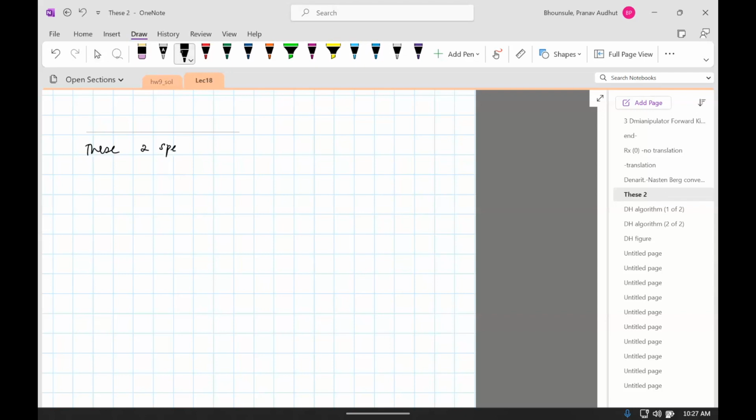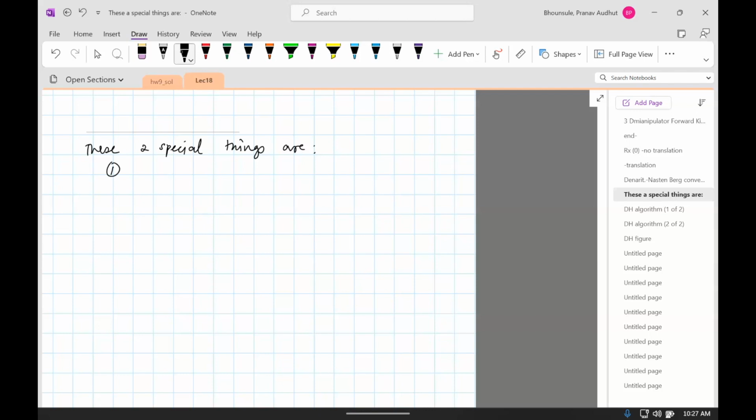Remember, it is basically defining the axis of how axis i minus 1 is linked to axis i, and then i is linked to i plus 1, and so on. That is how you build a homogeneous matrix.